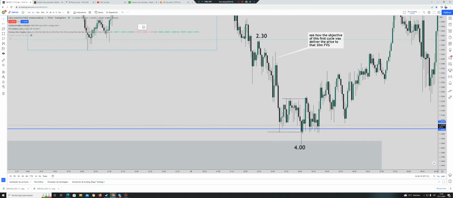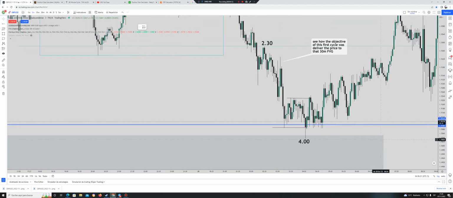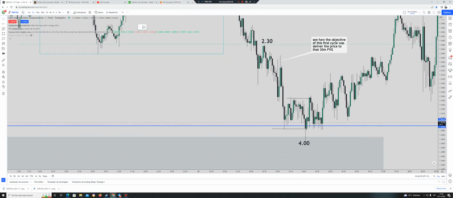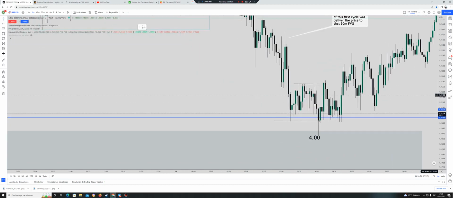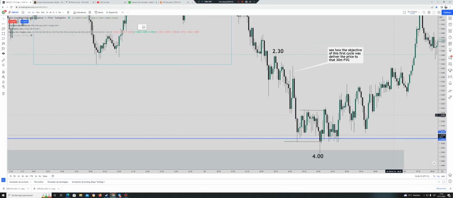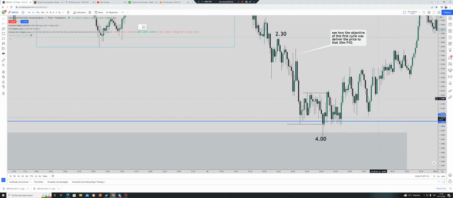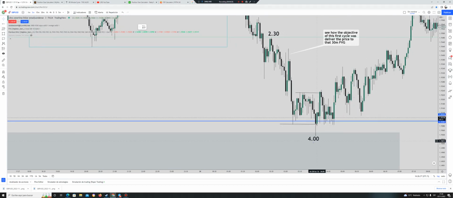And after that, just look how at 4 in the morning the second liquidity cycle is starting, and like I told you in the chapters before, we wait 30 minutes. Okay, we wait 30 minutes to collect information to see a sweep or a break in the structure.